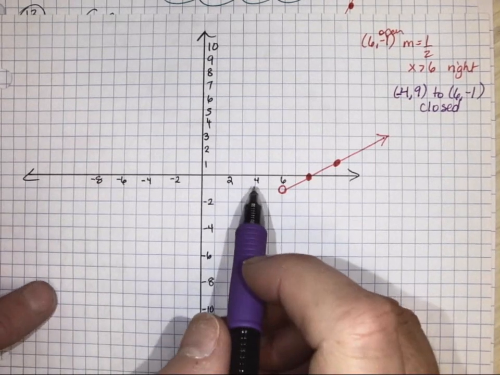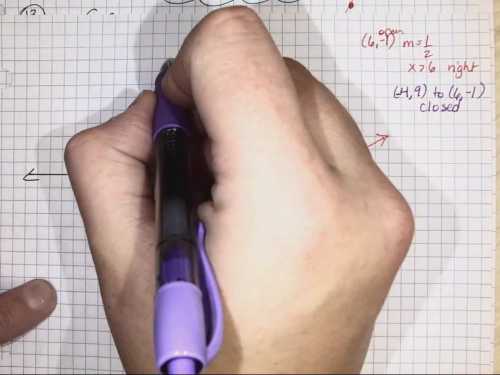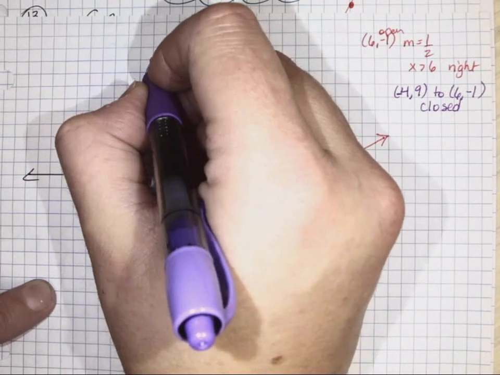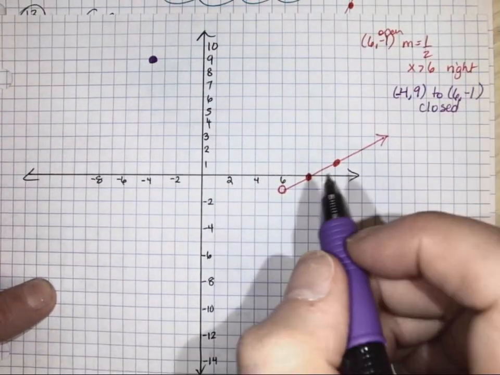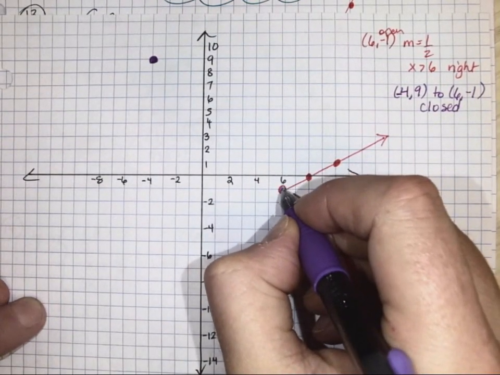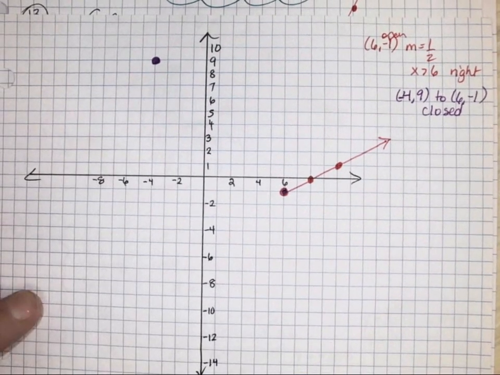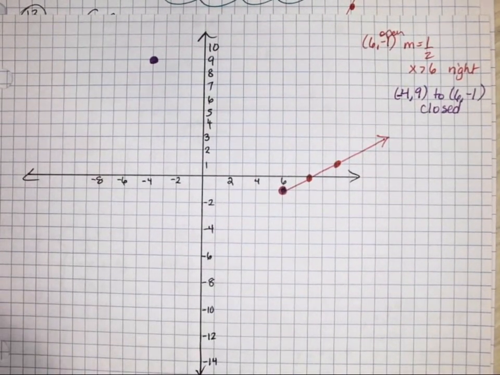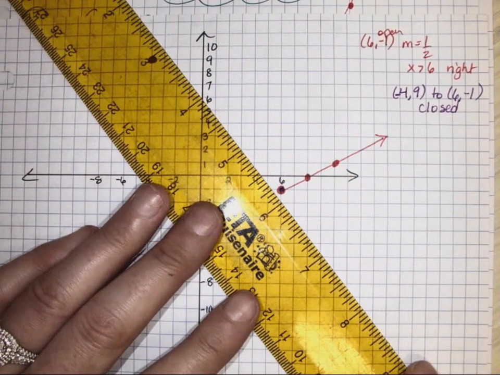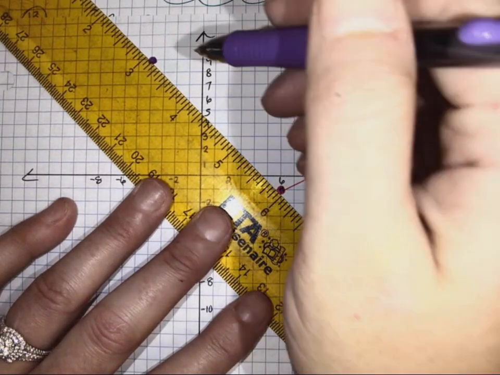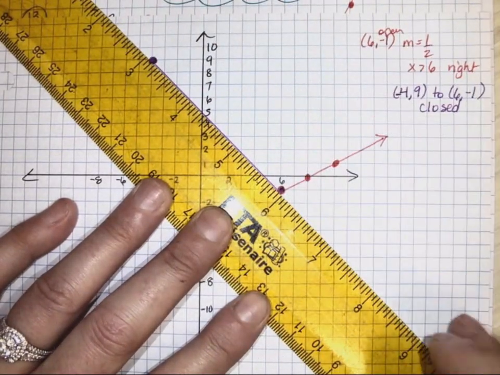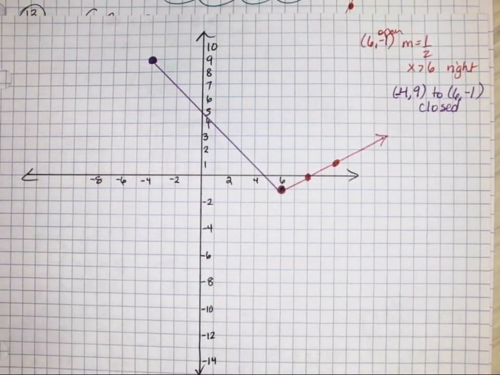So negative 4 all the way up to 9, and that was a closed hole. And 6, negative 1 was a closed hole. So notice that it gets filled in with that solution. And if you draw your line through those points, that's that part of your graph.